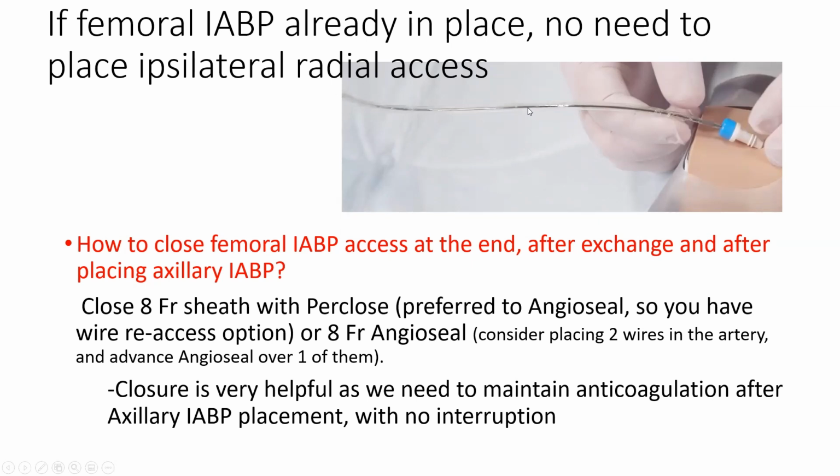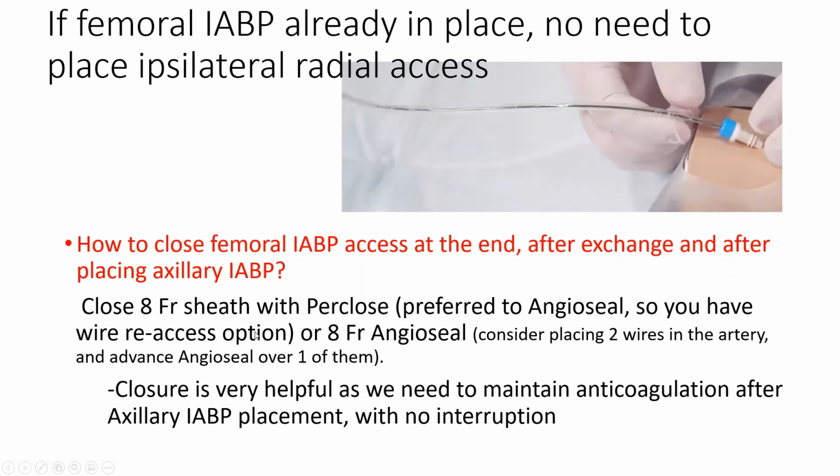So the way we do it, we exchange that balloon pump system for an 8 French sheath in the groin from the beginning of the case. Then we do our axillary access, axillary balloon, using angiography from this femoral sheath as guidance. Then we take it out at the end using closure device.